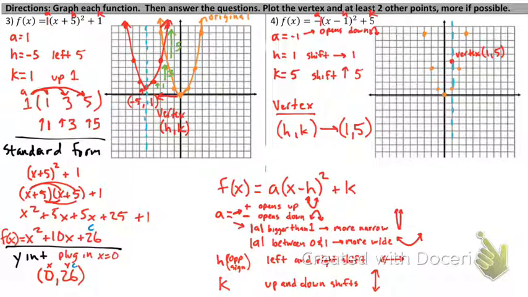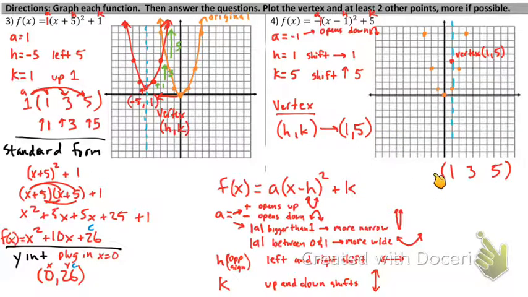So we have to use the 1, 3, 5 pattern. Remember, these tell us that when we go over 1, we go up 1. Over another 1, up 3. Over another 1, up 5. But before we do that, we always want to multiply by our a value. What's our a value? Our a value is -1.